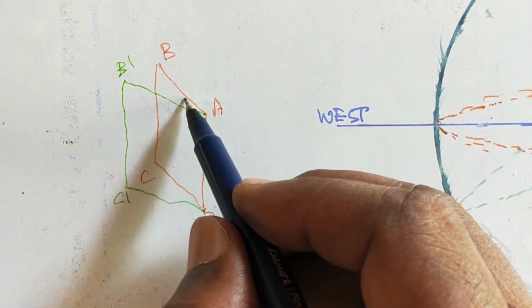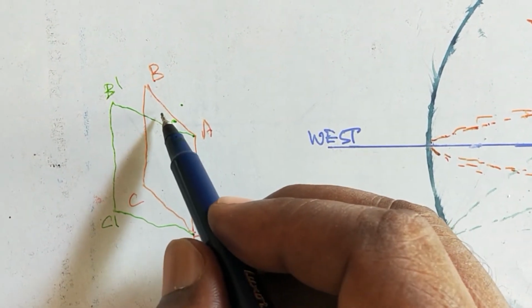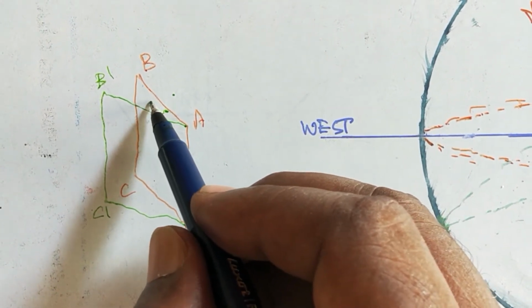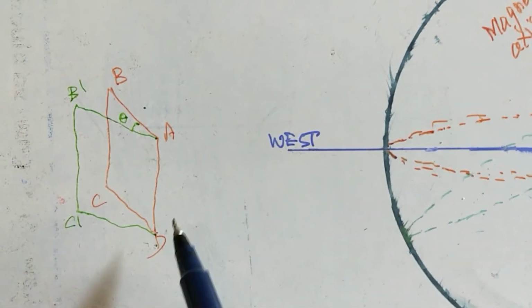Earlier we studied that the angle between the geographic meridian and the magnetic meridian is the angle of declination. We denoted it by what? Theta.